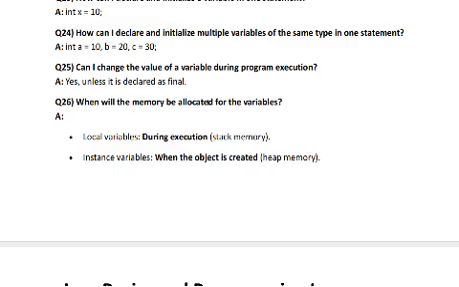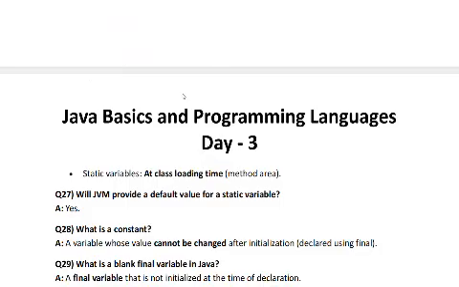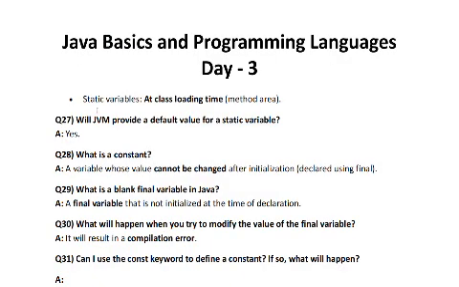When will the memory be allocated for the variables? For local variables, during the execution time, memory will be allocated in stack memory. Coming to the instance variables, when the object is created, the memory will be allocated in heap memory. Coming to the static variables, at class loading time, memory will be allocated in the method area.